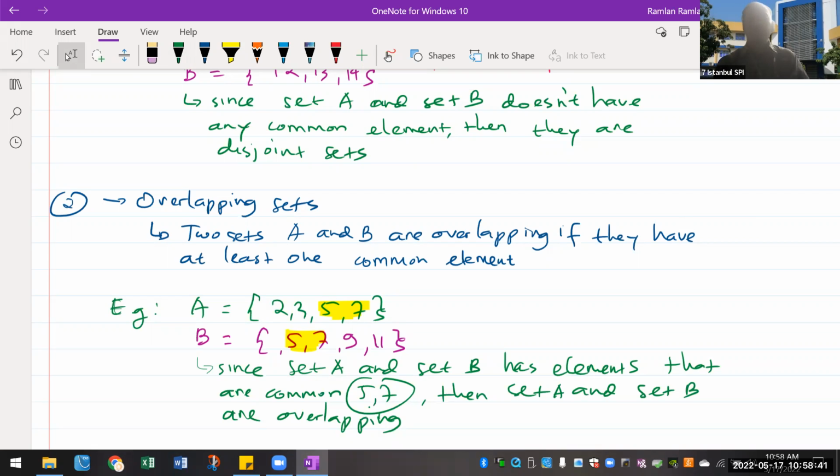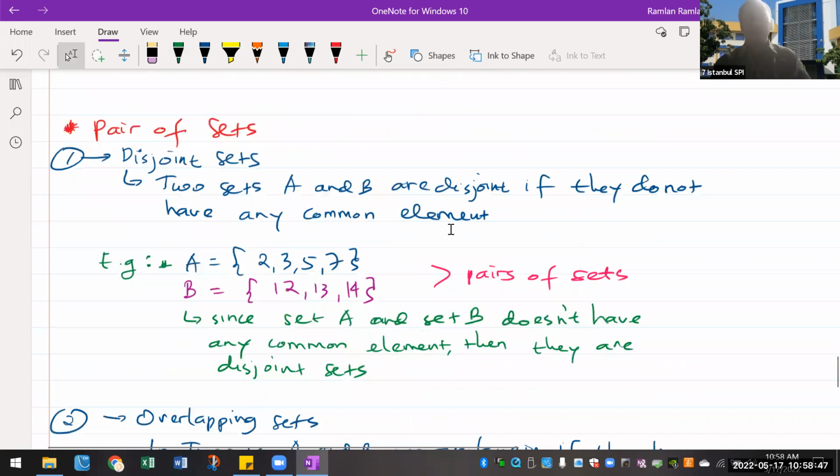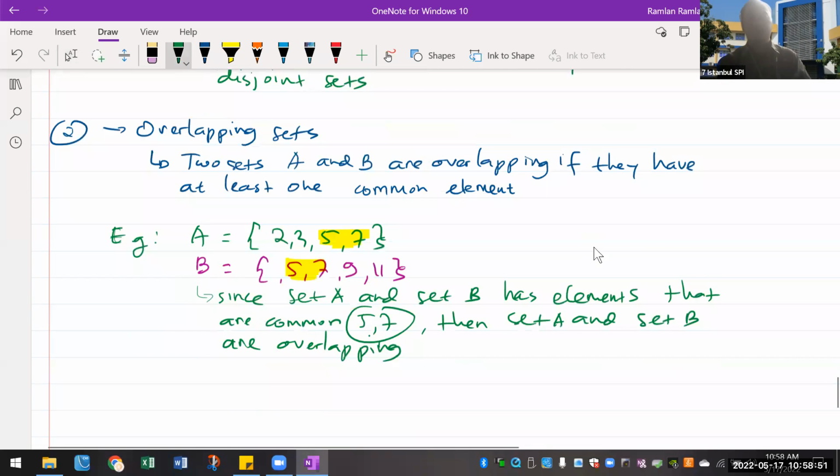The next one is subset. Ini masih pair of set ya. Number 1 is disjoint set, number 2 is overlapping set, and now number 3 is going to be subset.